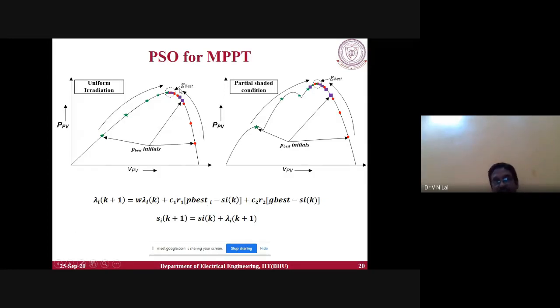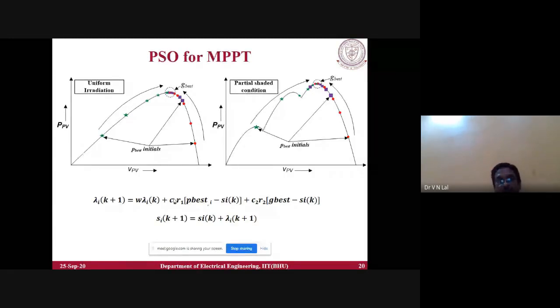Because 3 particles are there, 3 times calculation will be done, and the calculation times for the 3 particles will be summed up, and this will be one PSO step time. One PSO step time is the calculation time of one particle multiplied by 3.